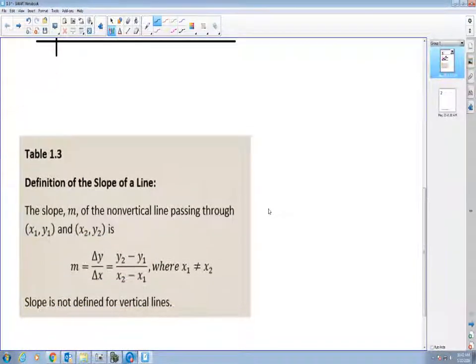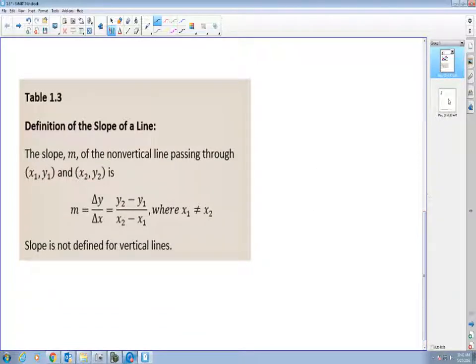So the slope, using the lowercase m, of a non-vertical line passing through any given 2 points is always subtract the two y values over subtract the two x values, where the two x values cannot be the same. Because if the two x values are the same, that becomes a vertical line.